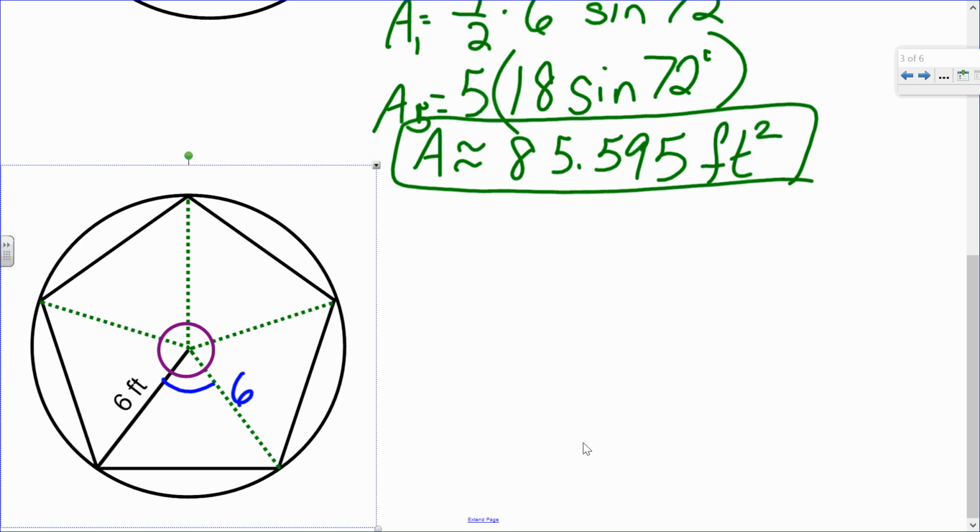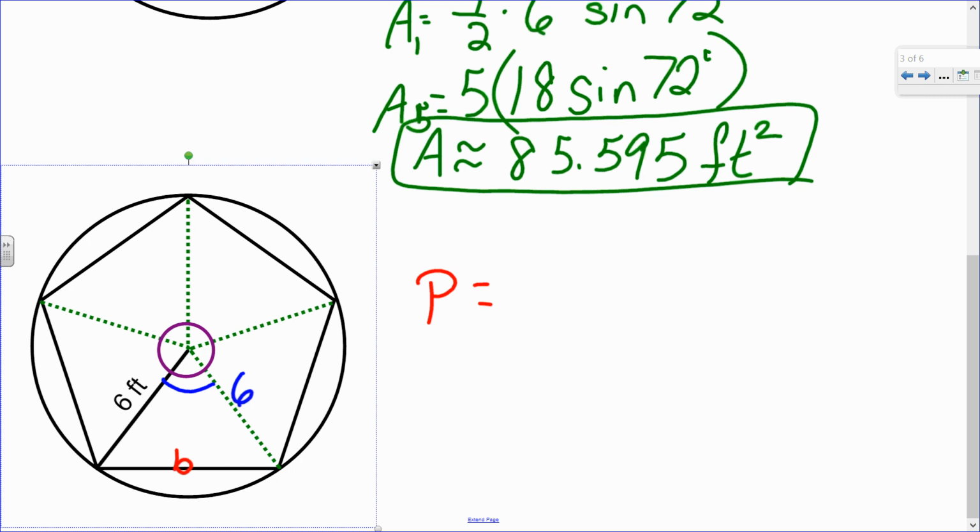Okay, now I need to get the perimeter. So what information am I missing that I need to figure out, Aiden? The length of any one of these sides, or the base of that isosceles triangle.